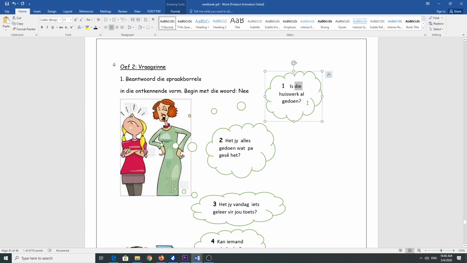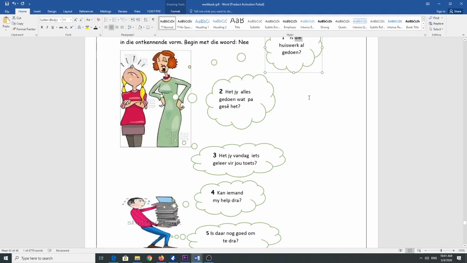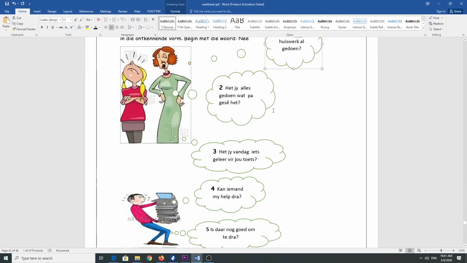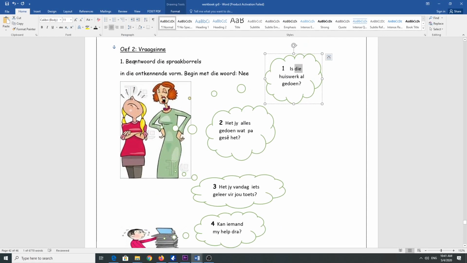May will become yo, but rather change it to D. So also complete these. These you have to do with a nee. Okay, there's the clue word: beantwoord. Right, that's then the end of ontkenning. I hope this has helped in some way.